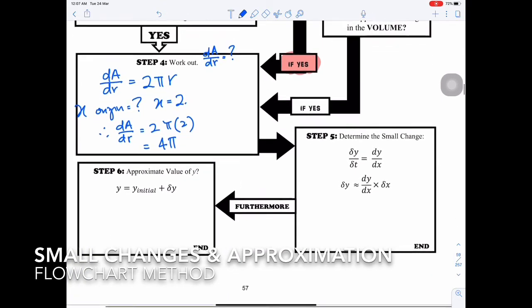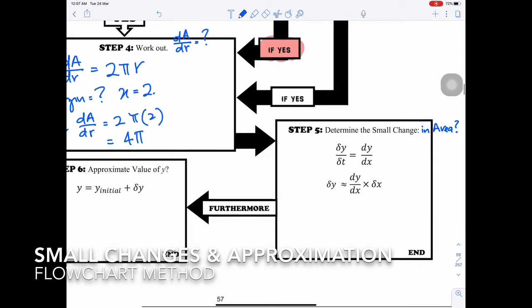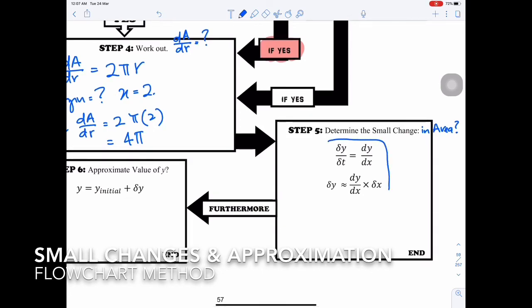Okay, and then step 5, determine the small change in area. This is just the guideline of the formula. For area, delta A over delta r approximates dA/dr.